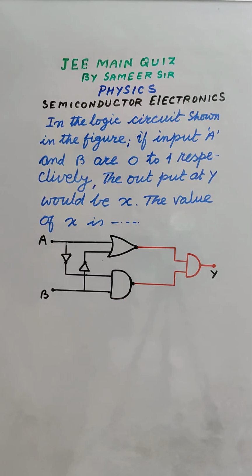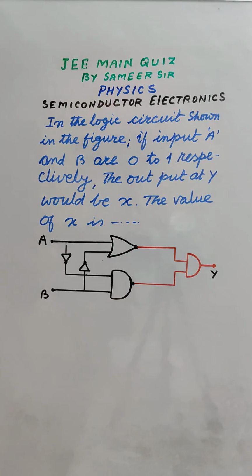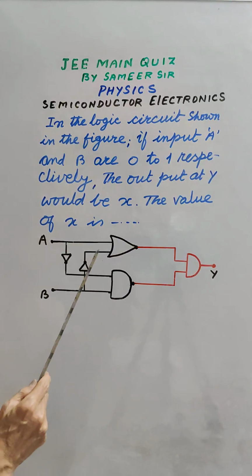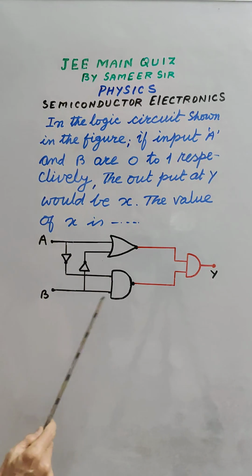This gate combines the signal from NOR. So this gate receives the signal from A, and through a NOT gate from B, and this NOT gate also takes from B. So this is NOR gate.